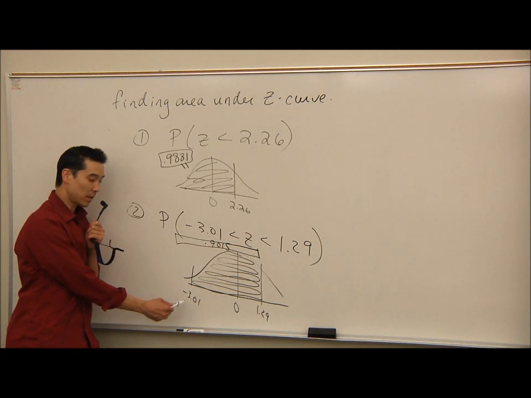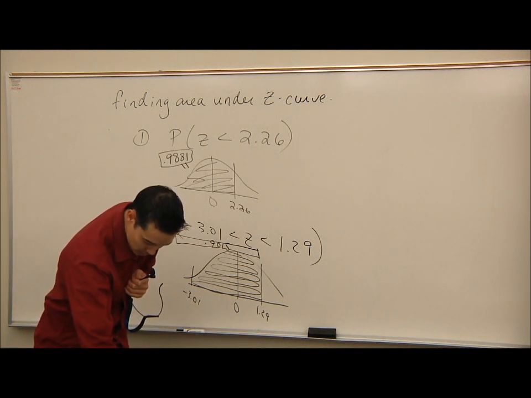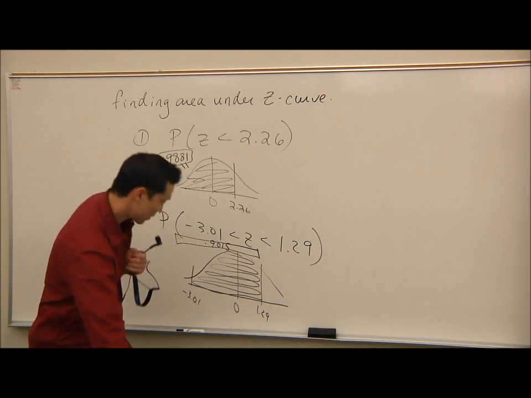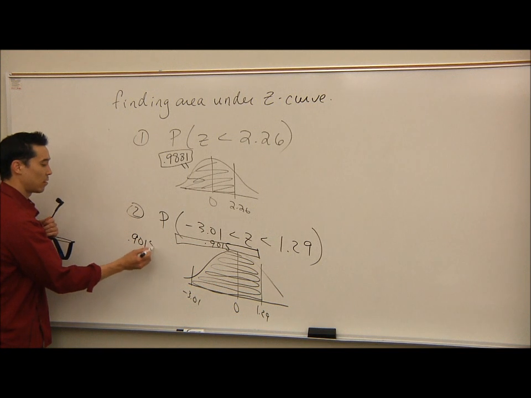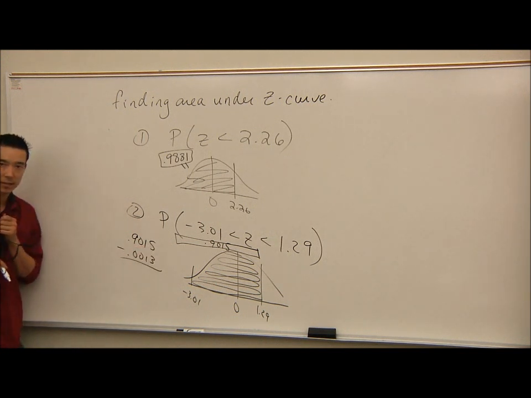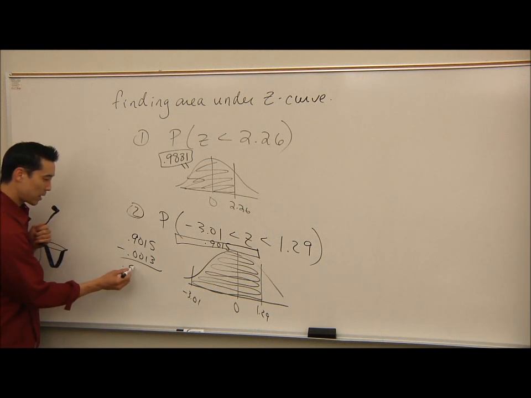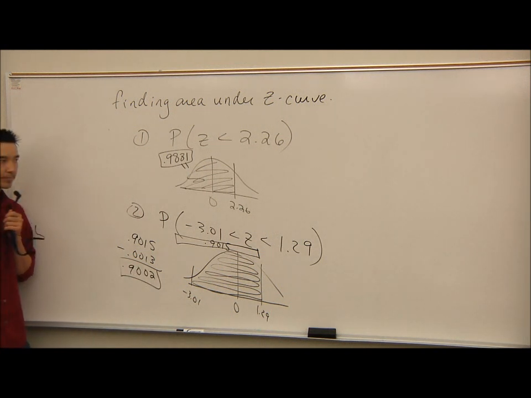So now look to the left of negative 3.01. That's .0013. So I have .9015, and I need to subtract .0013 to get my answer. Okay? So .9002 should be your final answer on that problem.